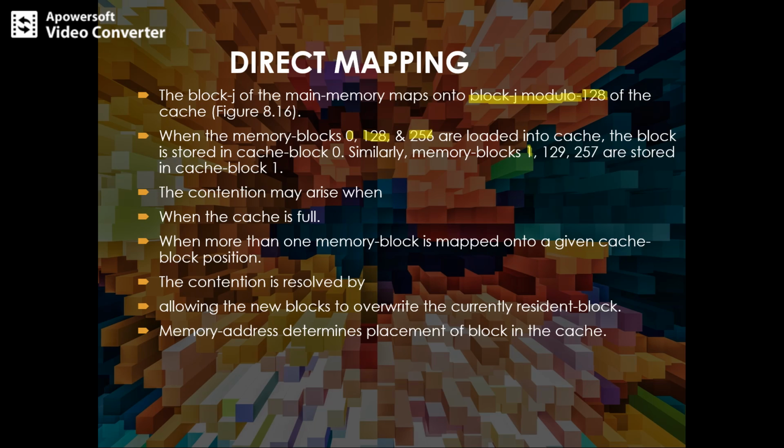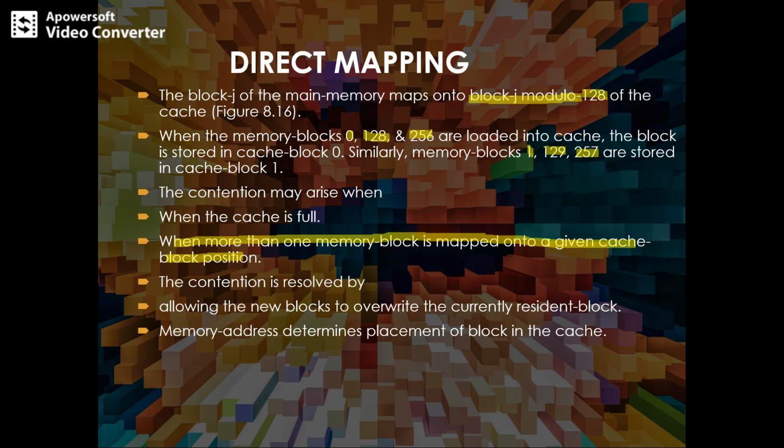Similarly, block 1 is mapped into block 1 of the cache, 129 is also mapped into block 1, and 257 is also mapped into block 1. So more than one memory block is mapped into the same block of the cache.